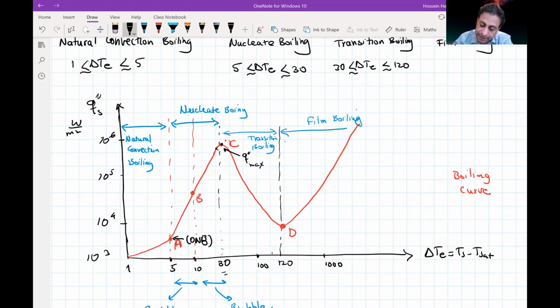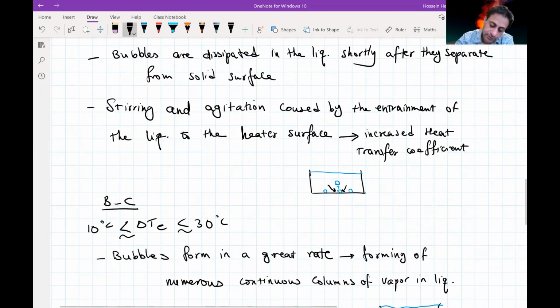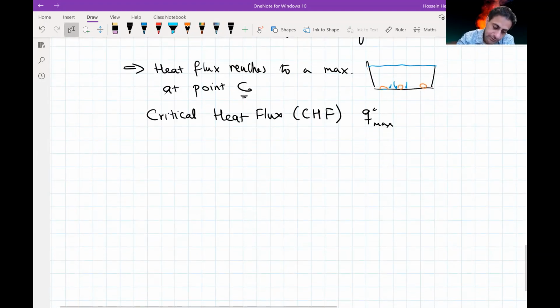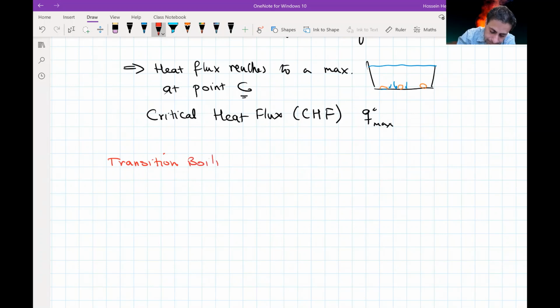Since the heat cannot be transferred, it gets absorbed by the surface, and the temperature increases without that heat being delivered to the liquid phase. That's the transition boiling, which is from point C to D.